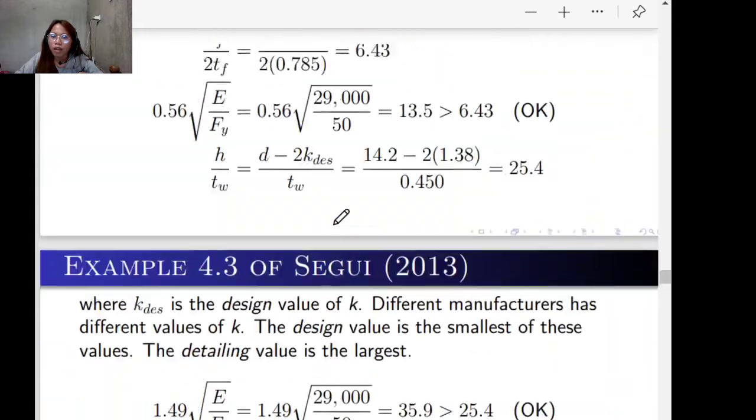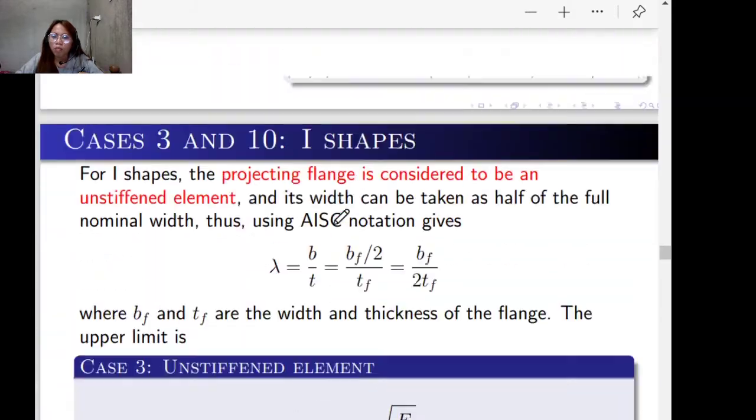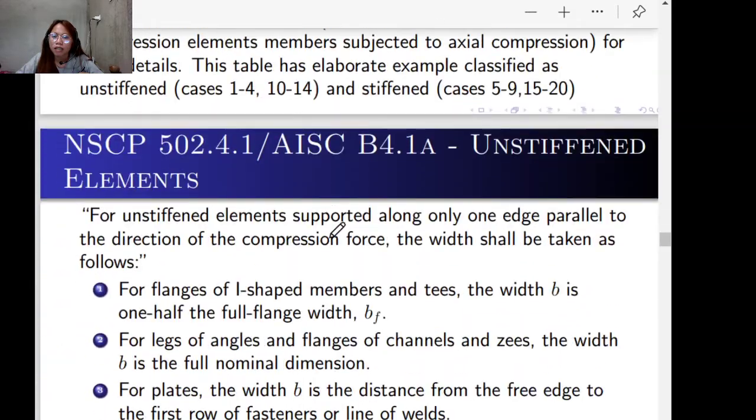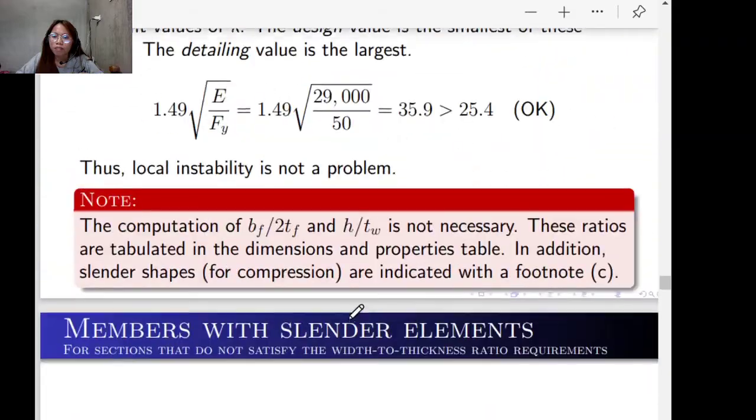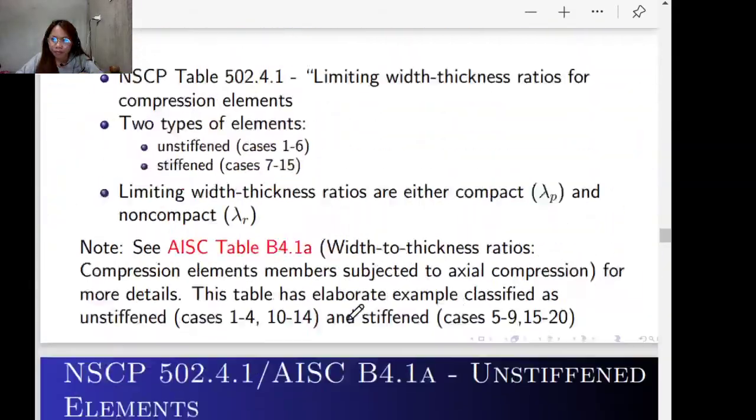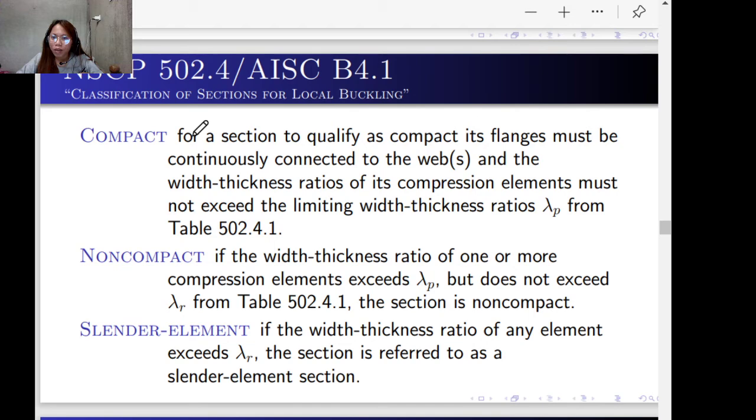Remember, compact and non-compact are defined as follows. For a section to qualify as compact, its flanges must be continuously connected to the webs, and the width to thickness ratio of its compression elements must not exceed the limiting thickness ratio of lambda sub p.